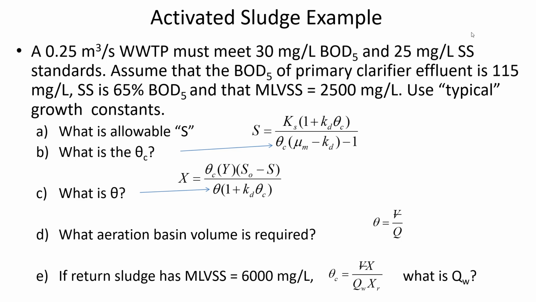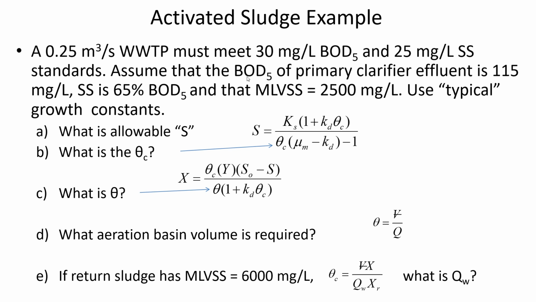And the thing about the suspended solids is that a portion of those suspended solids will be inorganic, but then the suspended solids also contribute to the BOD. So we have to take that into account when we find out what's the allowable dissolved BOD concentration. So we'll account for that when we go through this example.